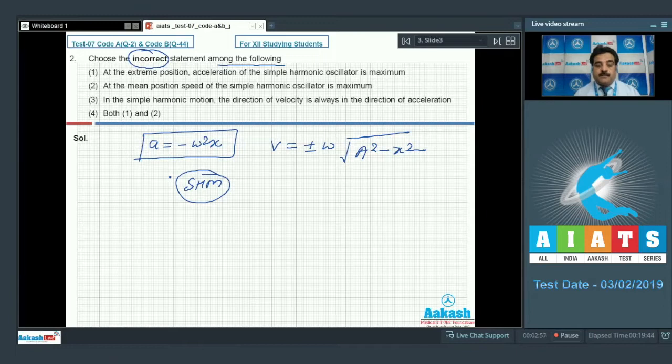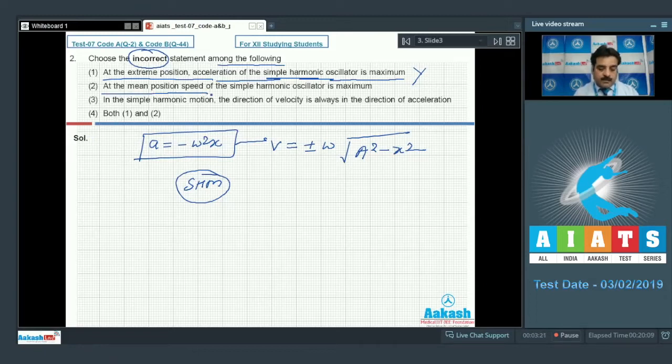Speed is maximum at the mean position, you know very well. Direction of acceleration and velocity may be in opposite directions, right? So by these two we can observe. Now I am going to read the options. At the extreme position, acceleration of the simple harmonic oscillator is maximum, yes, this is a true statement, but I am looking for the incorrect statement.